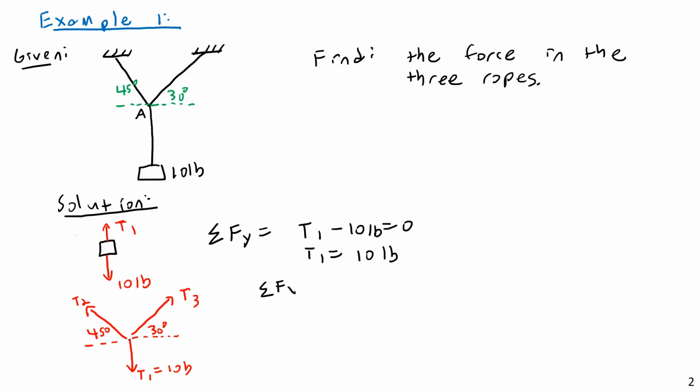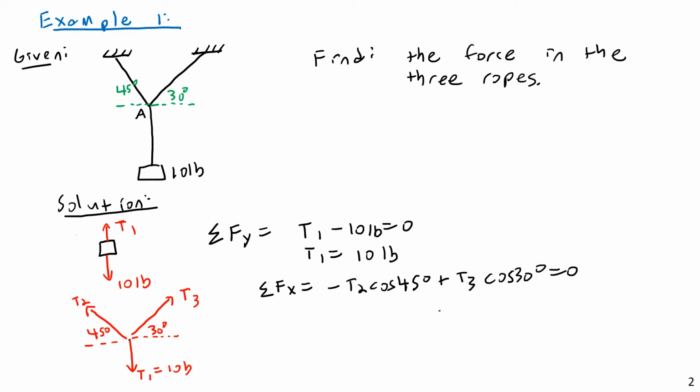Sum of forces in the x direction. I will have negative T2 times the cosine of 45 degrees, that is the horizontal component of T2, plus T3 times the cosine of 30 degrees, and this comes to 0.